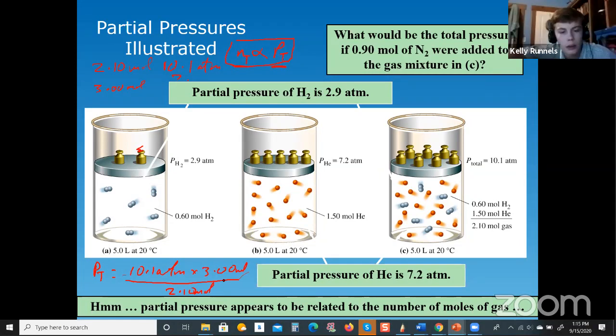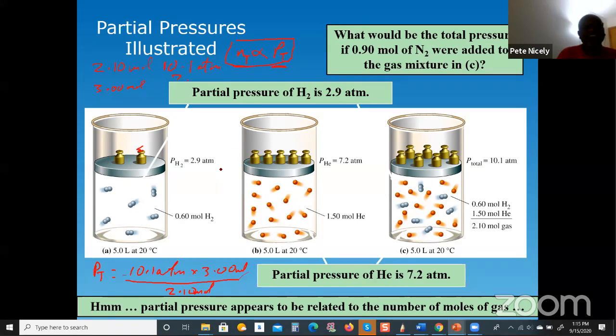If I plug this in, 10.1 times 3 divided by 2.1, you got 14, right? Yep. So 14 is the answer, and your answer is correct. The way you did it is not incorrect, just longer than the way I would have done it.